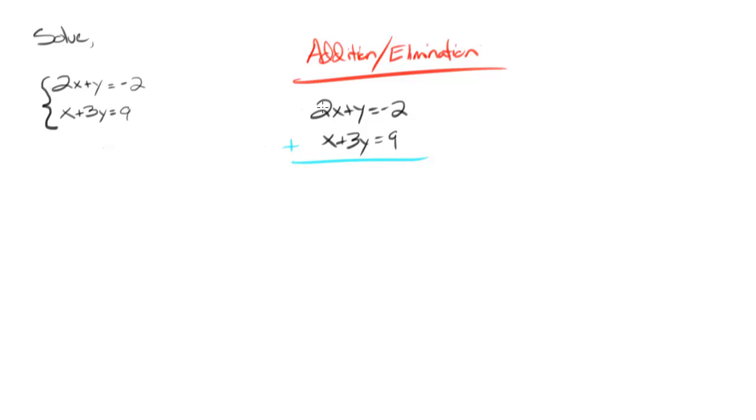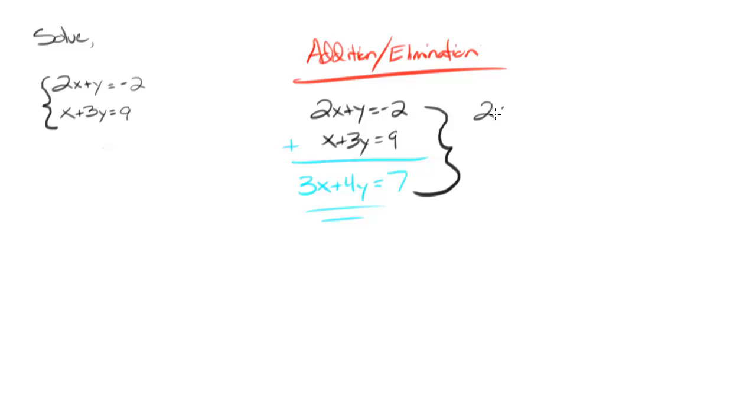And when I add them, I get 2x plus x is 3x, and then 1y plus 3y equals 4y, and negative 2 plus 9 is 7. This right here is a third true equation that I've gotten through the combination of those other two equations. That said, that's not really useful at this point, and I'll show you what I mean by useful.